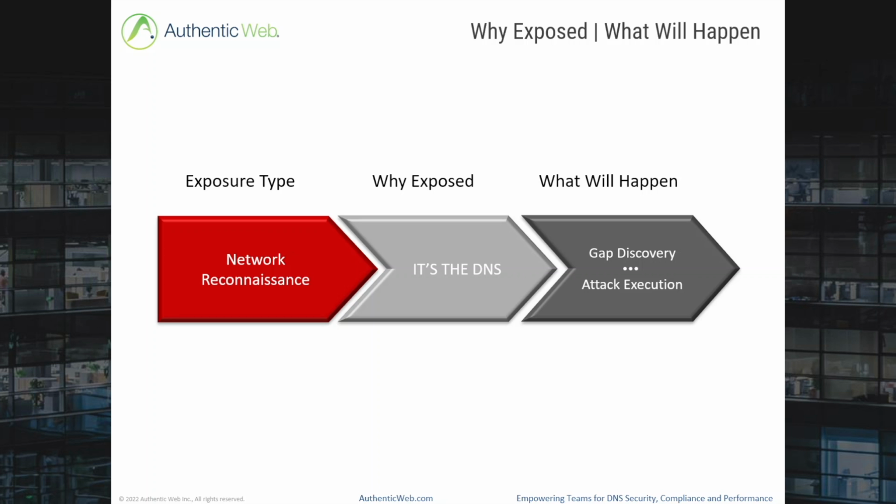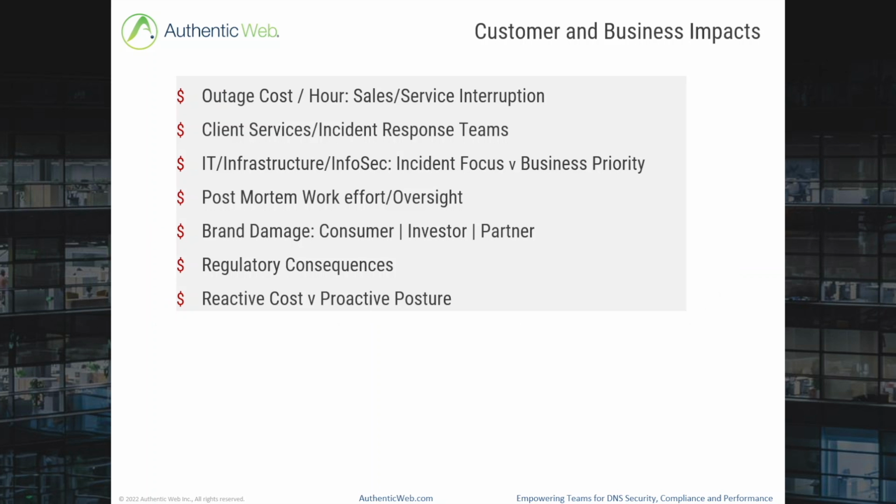Okay, so what are the business impacts and what are the costs? I'm not going to dwell on this because you probably know them. The cost per hour when systems are down, the cost to manage incidents in customer service and incident response groups, the distraction and resource costs in IT, InfoSec, and other teams, and the opportunity cost of defocused teams from the business priority of the quarter.